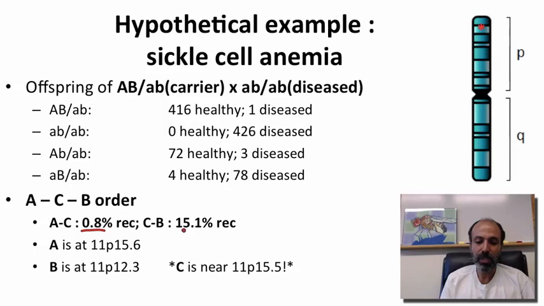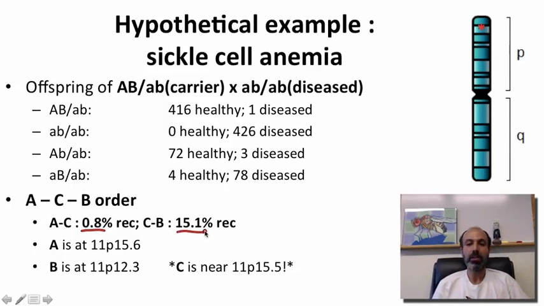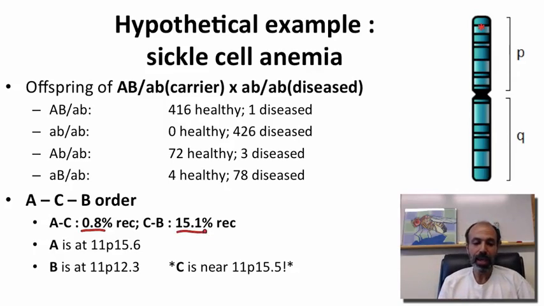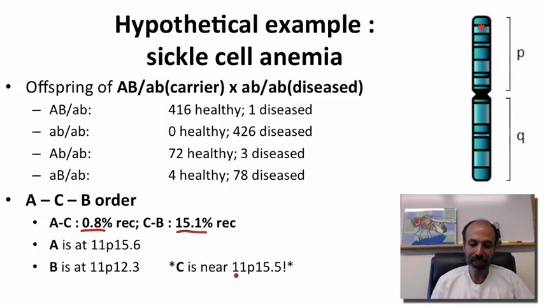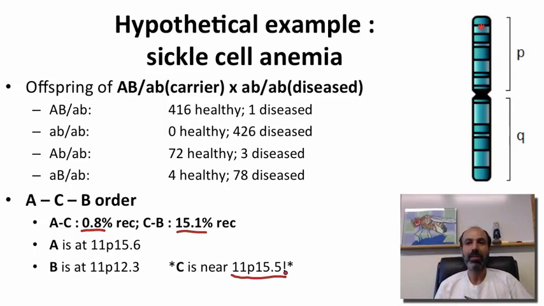Between C and B, it's 15.1% recombination, or 15.1 centimorgans. So we can infer from this, since A was at 11p15.6, B is at 11p12.3, C is probably at or near 11p15.5. In fact, this gene is actually well known to be at 11p15.5. It actually has already been mapped and identified.